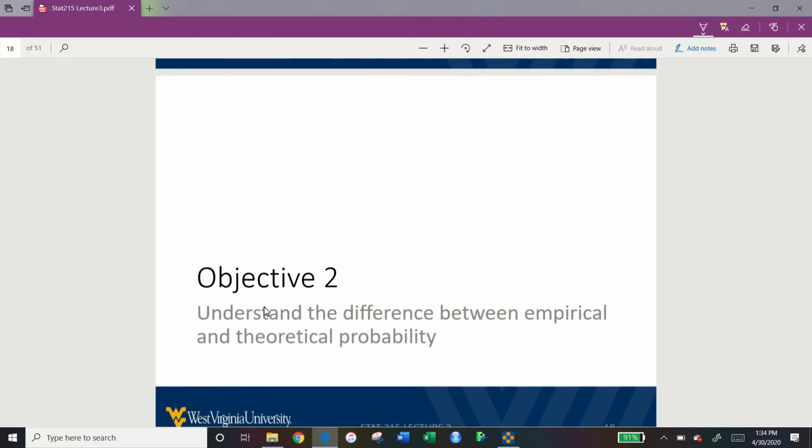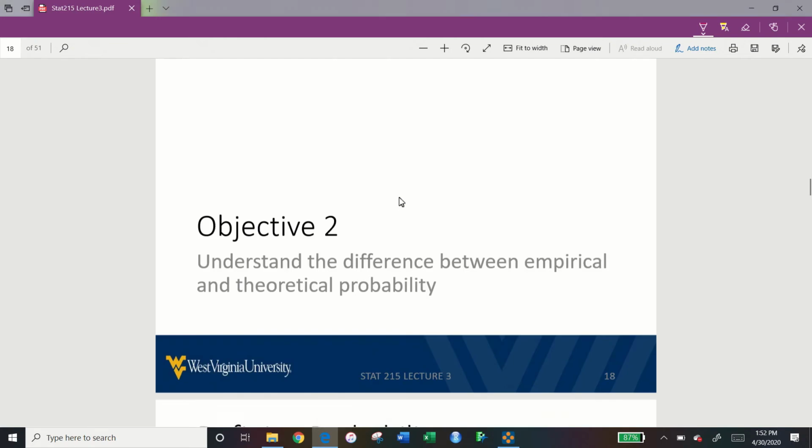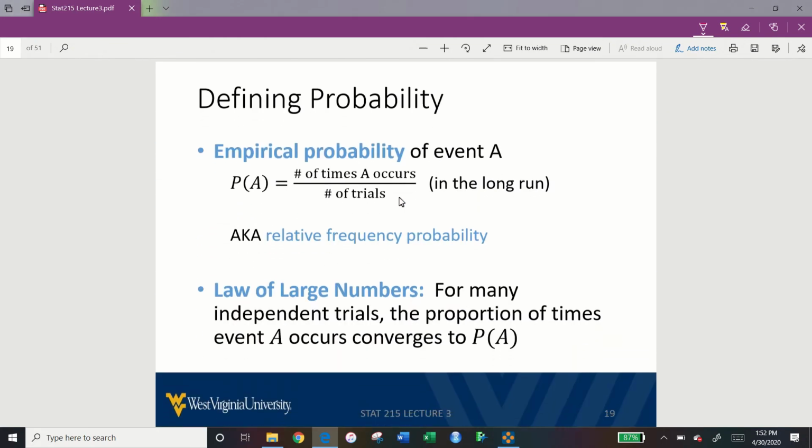This brings us to our second objective, understanding the difference between empirical and theoretical probability. So, let's start by defining probability. Empirical probability of event A, we show this as P of A, or probability of A, equals the number of times A occurs over the number of trials, in the long run that is, aka the relative frequency probability.